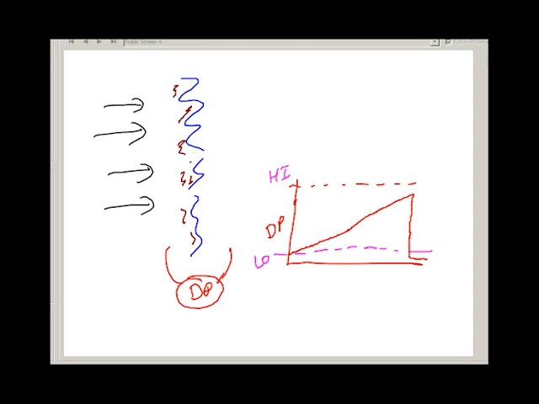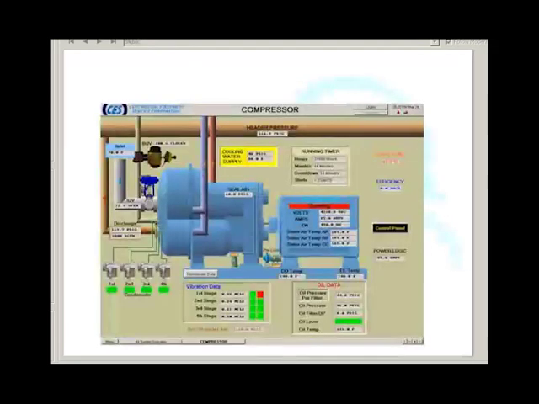Since we're increasingly doing this stuff on PLCs, when you set up your PLC, you need to make sure you set up your PLC to monitor for a high limit and to monitor for a low limit. So that's something to bear in mind.